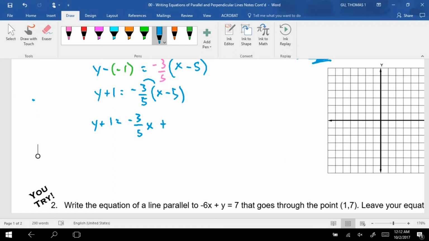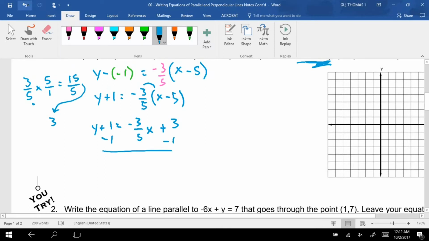Then 3/5 times 5, if I make 5 into a fraction over 1, gives 15/5, and 15 divided by 5 is 3. So we've got plus 3. One more step: we move the constants to the other side, so minus 1, and we have y equals -3/5x plus 2.